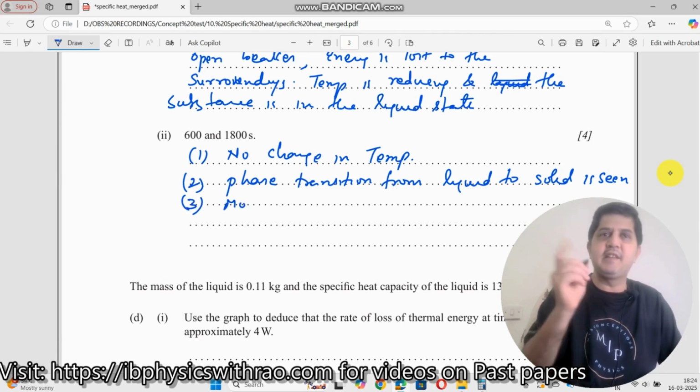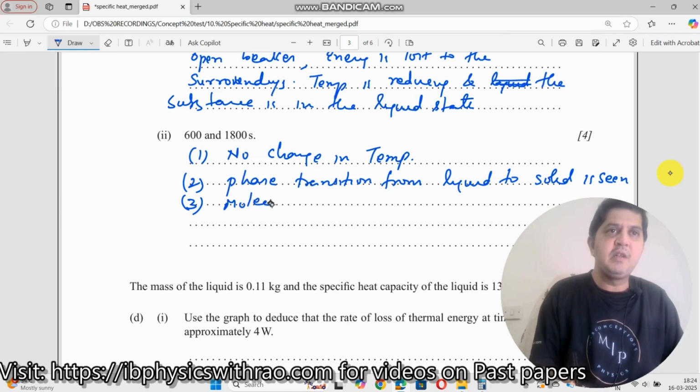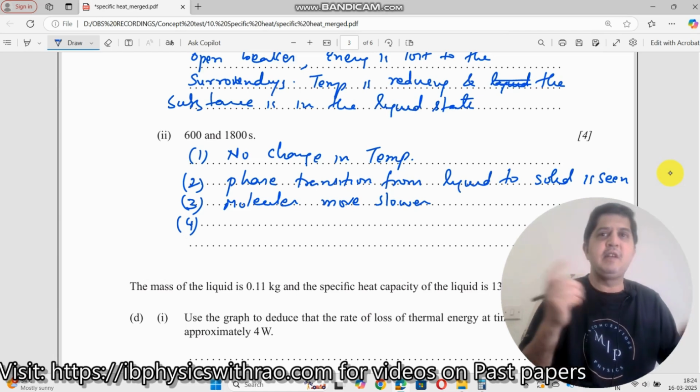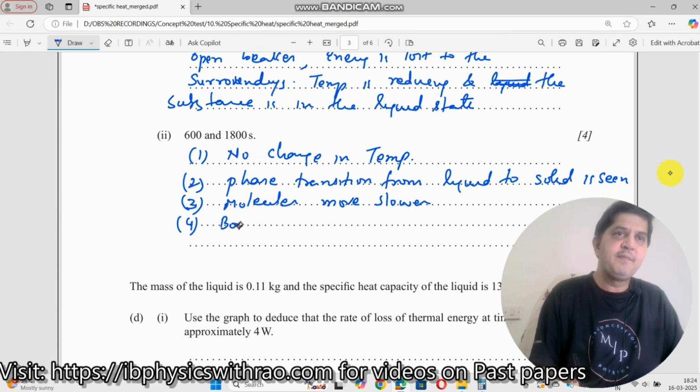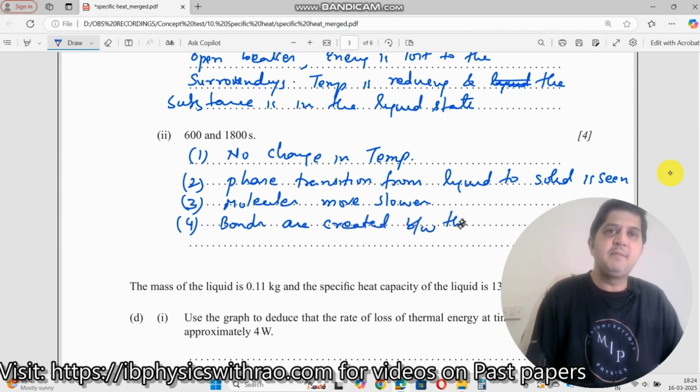Molecules. When something like this is happening, molecules move slower. And next, when molecules are moving slower, bonds are created between them so that it becomes a solid.